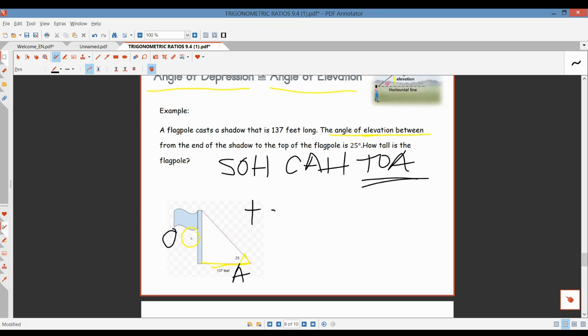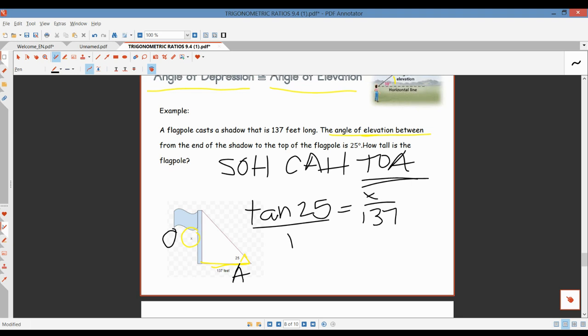So tan 25 equals opposite over adjacent, so X over 137. All right, so then we already have our equation. We're going to toss tan 25 over 1 to create our proportion and cross multiply.